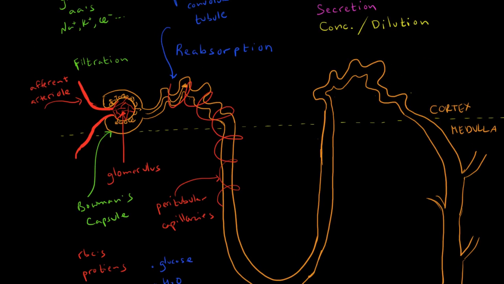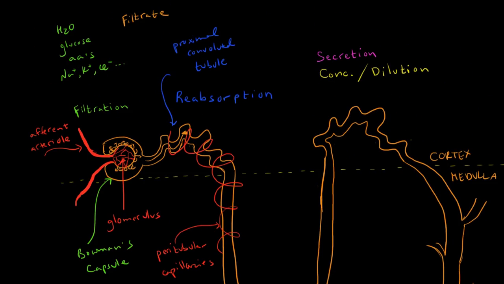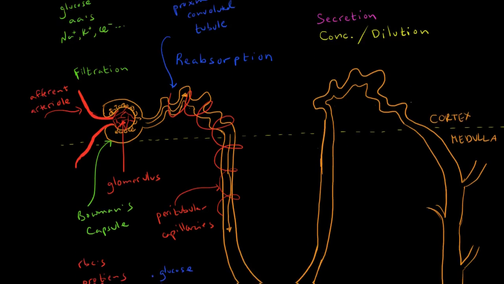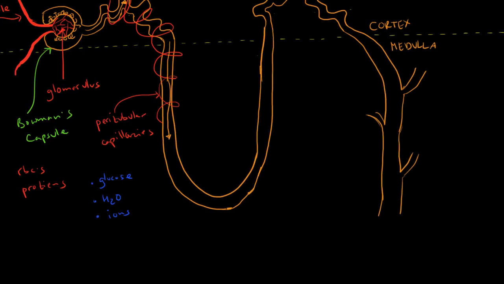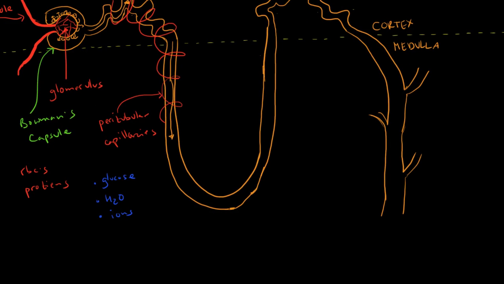Okay, we move on from the proximal convoluted tubule into the next part of the nephron. So we're passing through, you can follow the arrow, into the loop of Henle. That's this loop dipping into the medulla. You can see right here that the loop of Henle is in the medulla. And the loop of Henle has two parts.